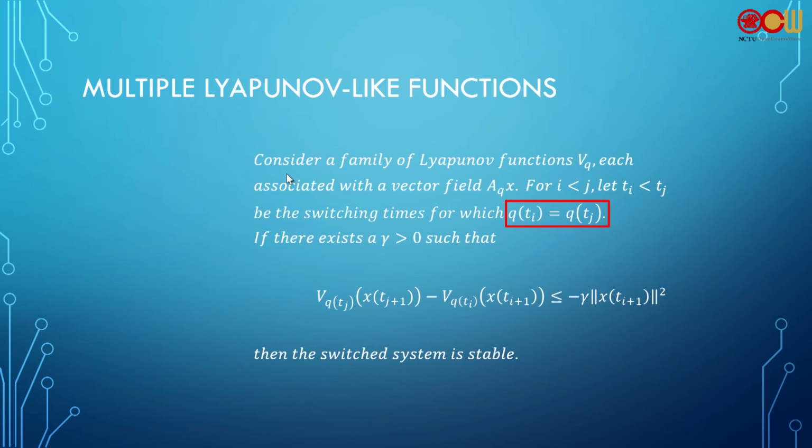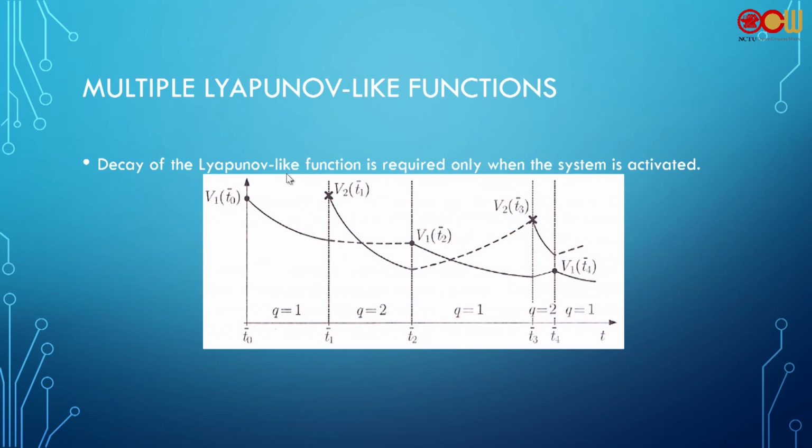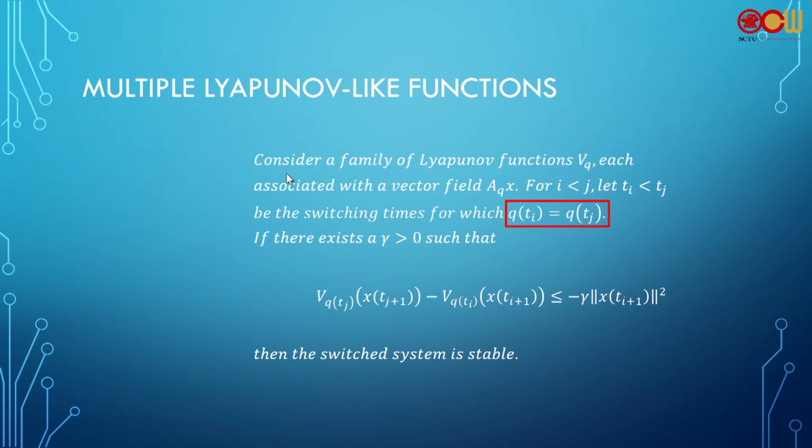Remember, this is the index for the discrete system. They belong to Q1, but at different time slots. Same system, different time slot.